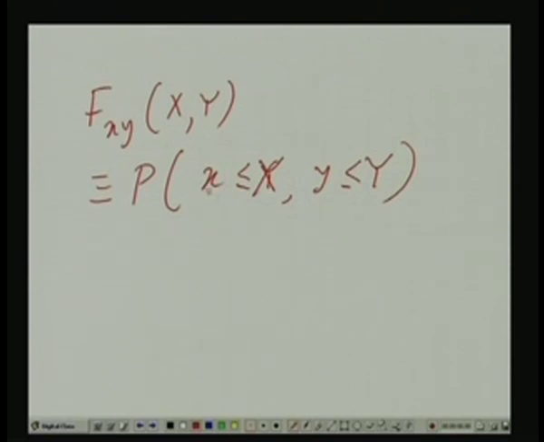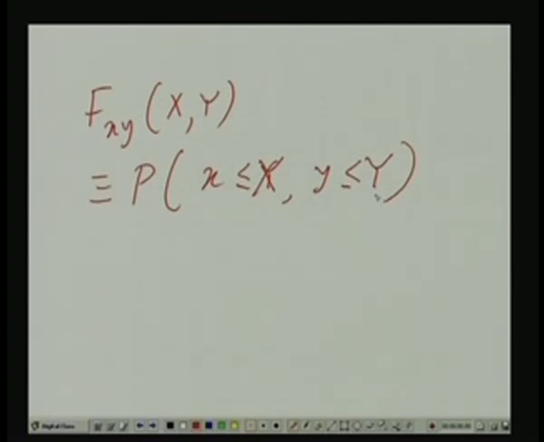This means x less than or equal to capital X means that on the x axis I am going from minus infinity up to capital X. So, x belonging to that subset, here capital A is nothing but that subset of the real axis, from minus infinity up to capital X, and x less than or equal to capital X means x belonging to that subset A. Similarly, y less than or equal to capital Y means we take a subset B on the y axis, B goes from minus infinity up to capital Y, and y less than or equal to capital Y means y belonging to B.